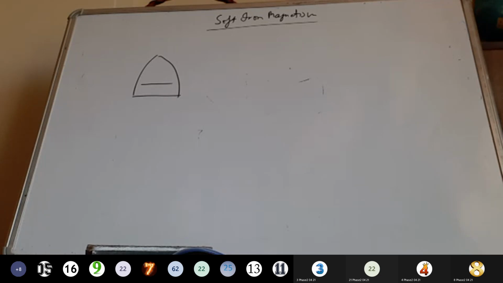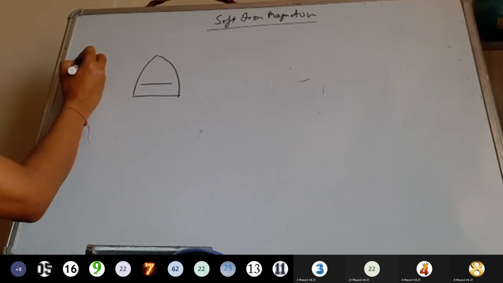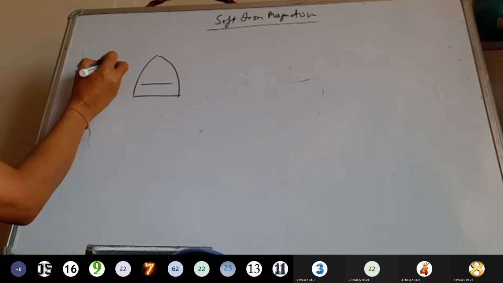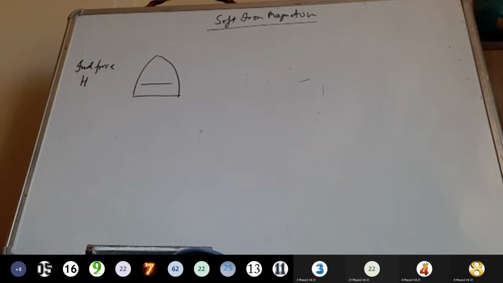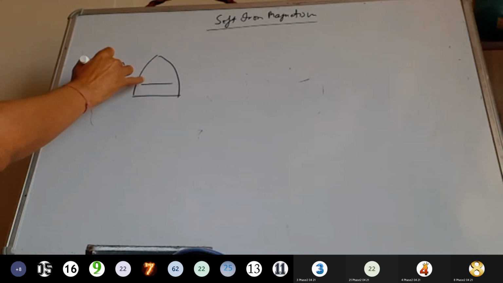Because it is a horizontal soft iron, the inducing force, which is the force of the earth, will cause the induction. It is H. What is the inducing force here? It is the horizontal component of the earth's magnetic field. And what is the direction of H? H is always acting towards north.